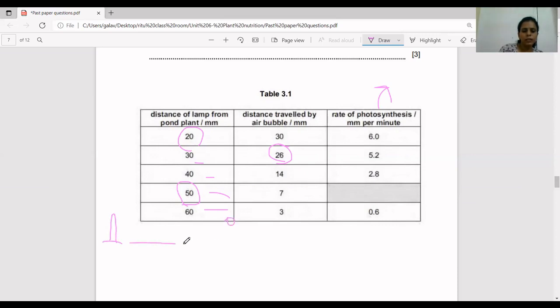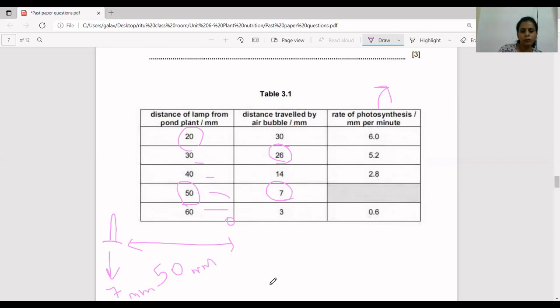That means the lamp is present 50 millimeter away from the experimental setup. So at that time, the distance traveled by the air bubble was 7 millimeter. That means the air bubble went down by 7 millimeter.